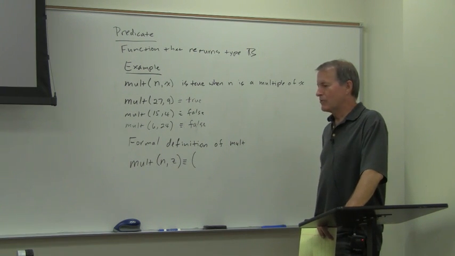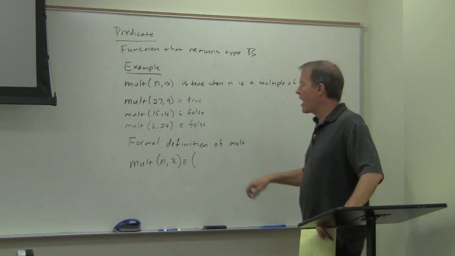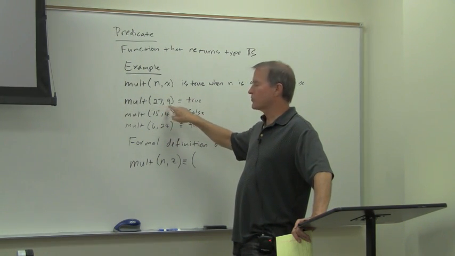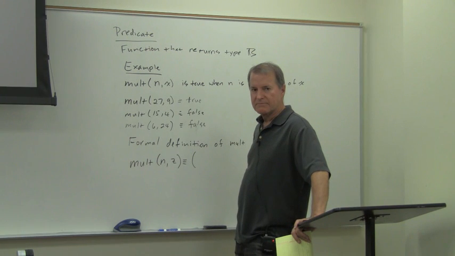Is it going to be universal or existential? Why is mult 27, 9 true? Is it because there exists something, or because for all something?